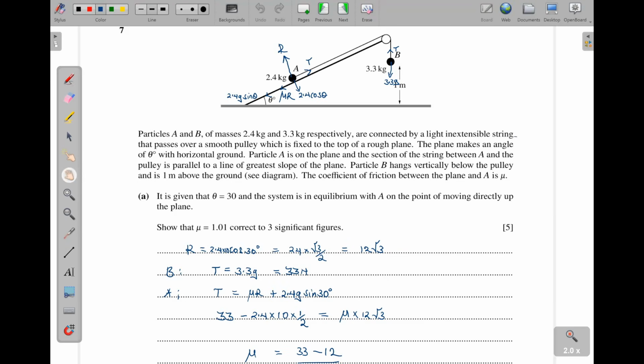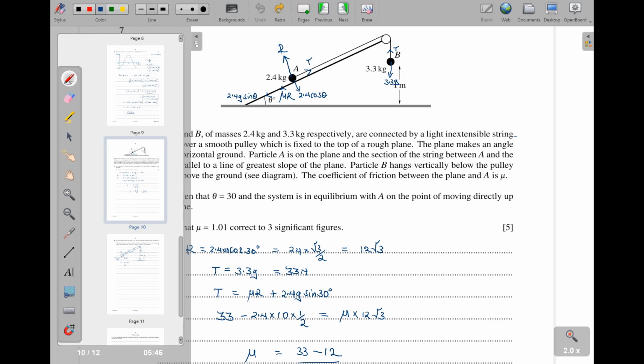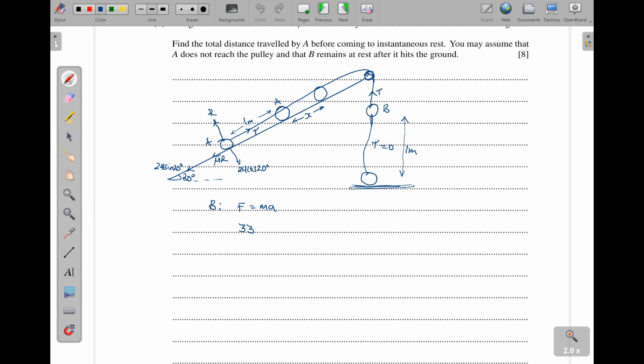It is 33 because here I have 3.3 g, the weight. So that's why I'm writing 33 here. In fact, let me include it here. 33 newtons. So 33 then minus the tension is equal to the mass of B, which is 3.3, times the acceleration. And then we go to what is happening on A.